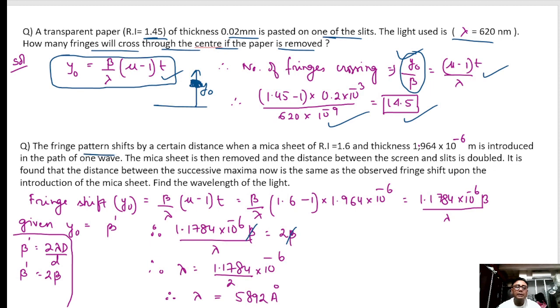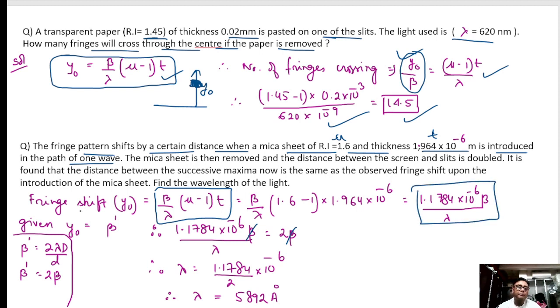The fringe pattern shifts by a certain distance when a mica sheet of refractive index 1.6 and thickness this, so this is the t, this is the mu given, is introduced in the path of the wave. The mica sheet is then removed, and we know that on introduction of the mica sheet, the fringe will shift by this much, which is this much.